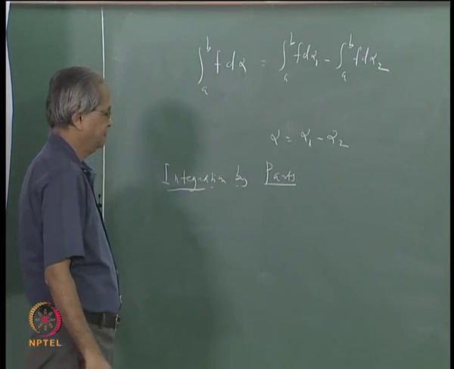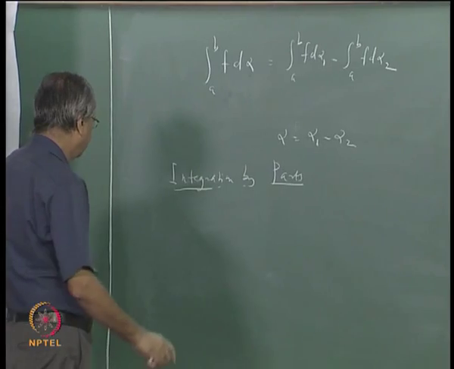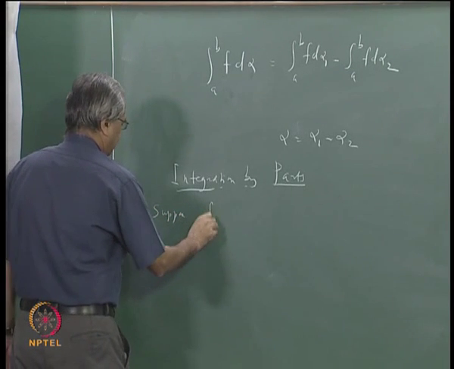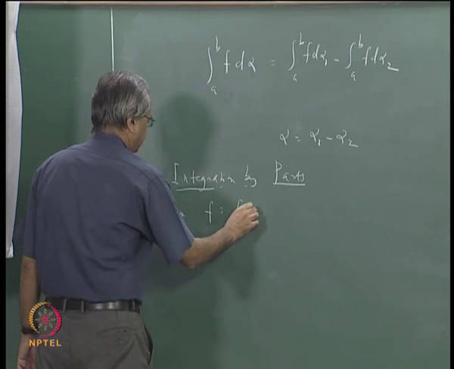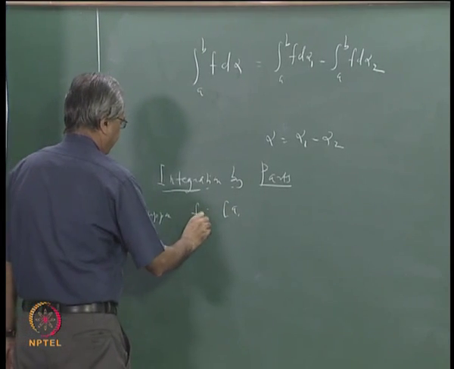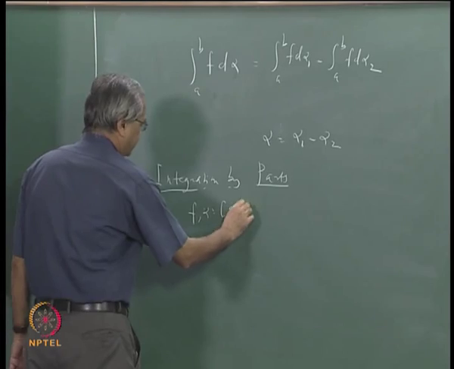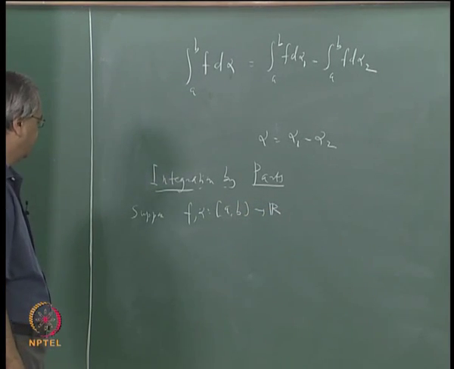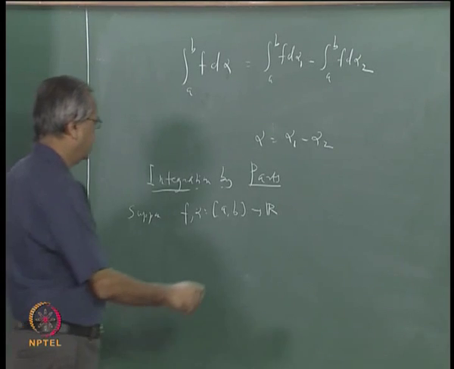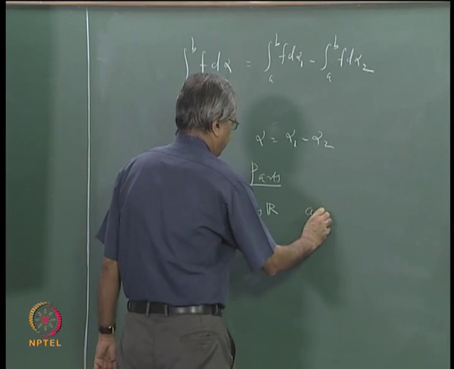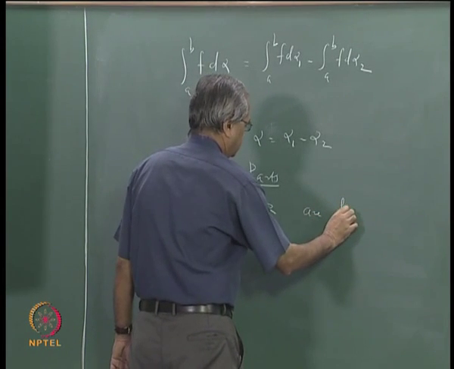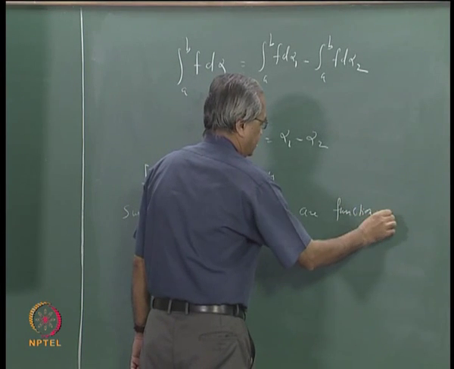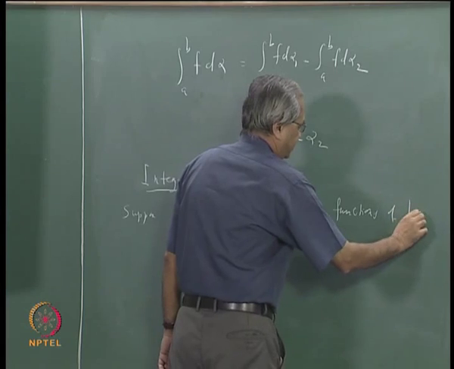Here is, let us say that suppose f and alpha both are functions from a b to R, and suppose both are functions of bounded variation.